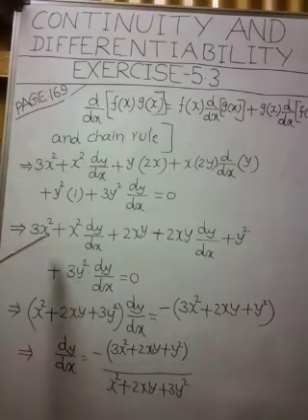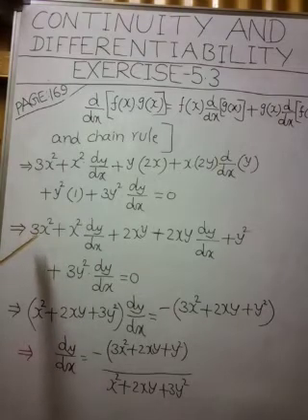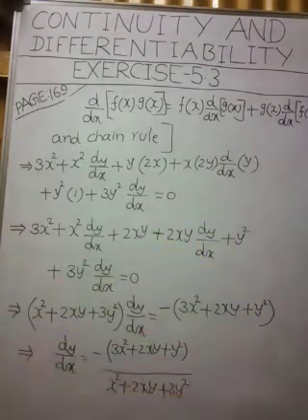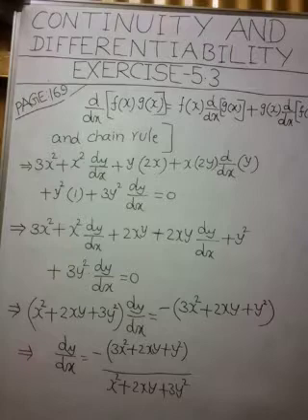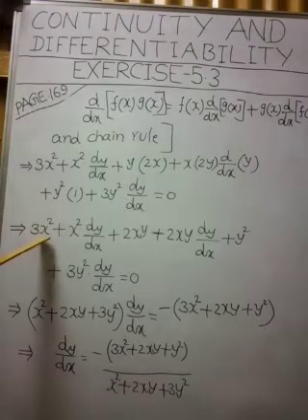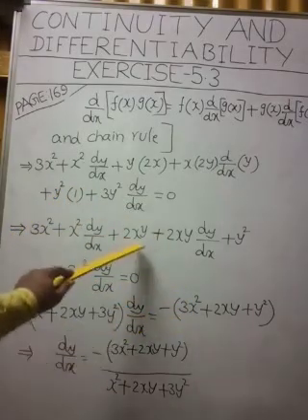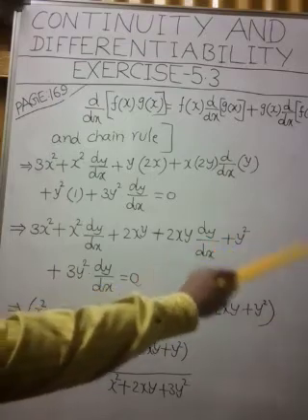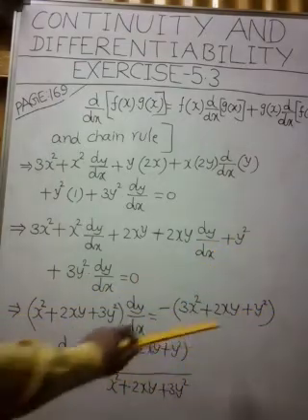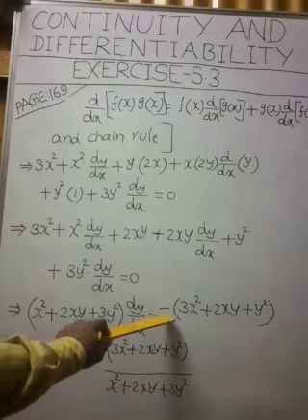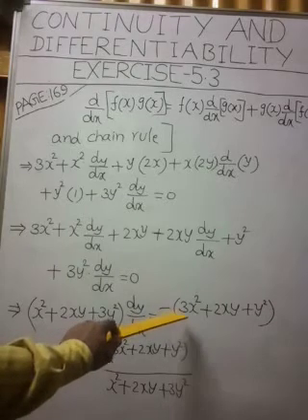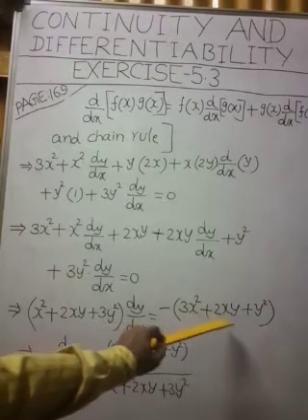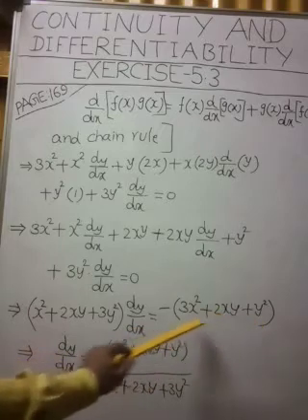Right. Now we are transposing the remaining terms which are not having dy by dx to RHS. We are moving the terms. So plus 3x square becomes minus 3x square, plus 2xy becomes minus 2xy, plus y square becomes minus y square. I directly took the common factor minus 1. Then minus of 3x square plus 2xy plus y square.